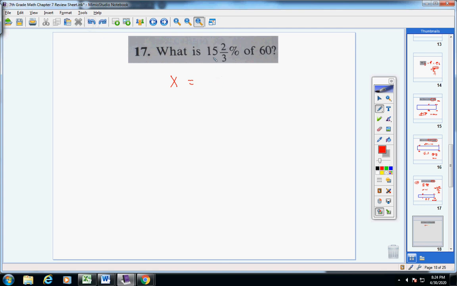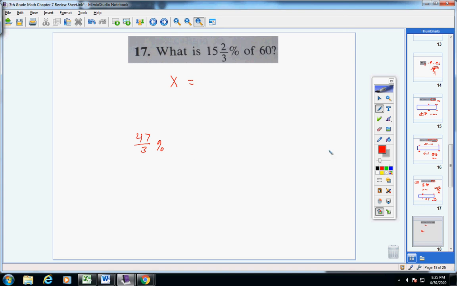So, 15 and 2/3 is the same thing as 47 over 3. How did I get that? 3 times 15 is 45, and 45 plus 2 is 47. Okay, that's how I did that. So 47 over 3. Okay, now that's your percent.